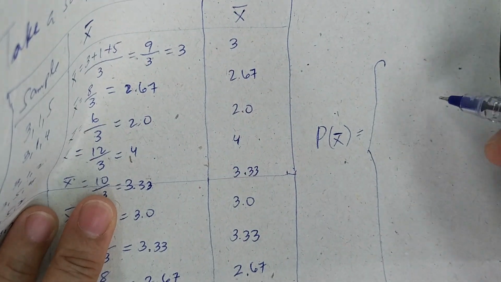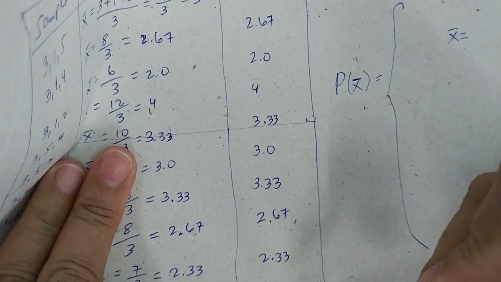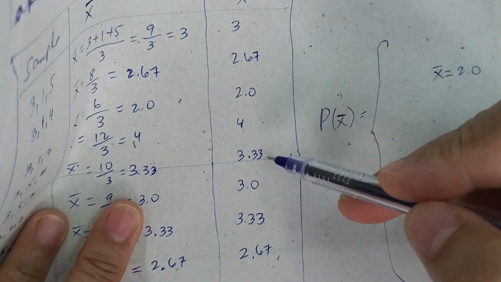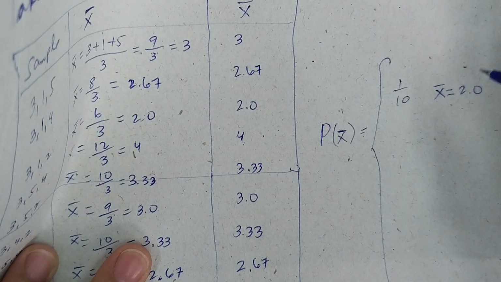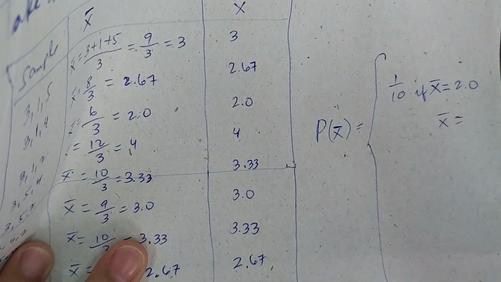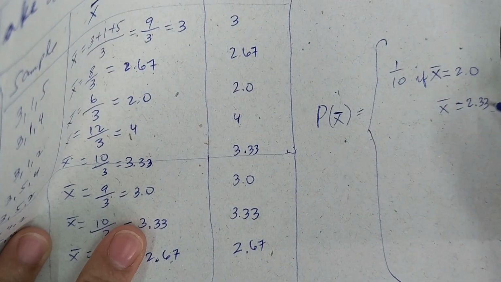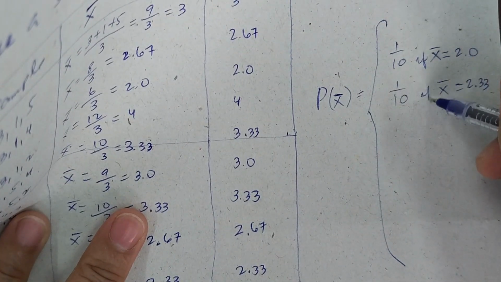Okay. So the lowest value of X bar here is 2. When your X bar is 2.0, that is 1 out of 10, so this is 1 over 10. Next to that, if your X bar is 2.33, we have also 1 over 10.